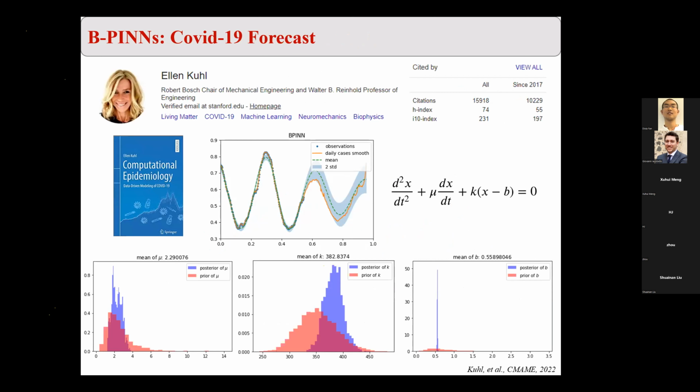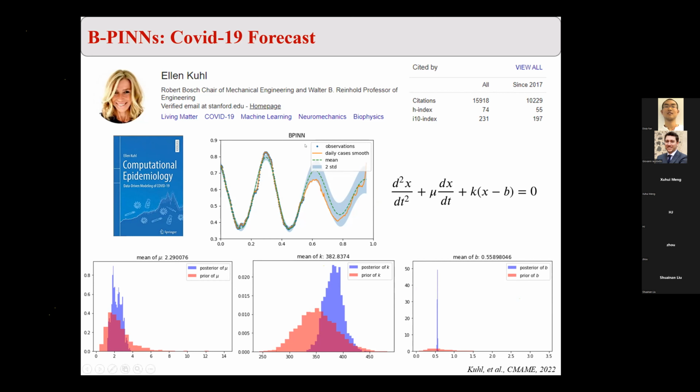Recently, we have had a collaboration with a professor from Stanford. And for this problem, we try to use BPINN to learn a dynamic model to describe the dynamics of the new cases from data, and then we use the learned model to predict the new cases in the future.